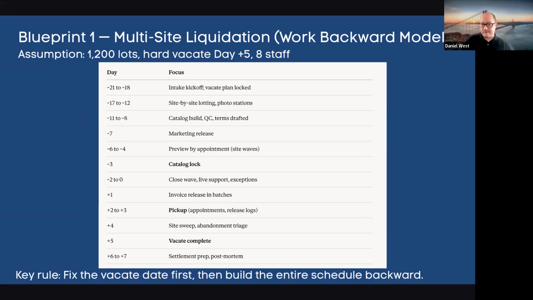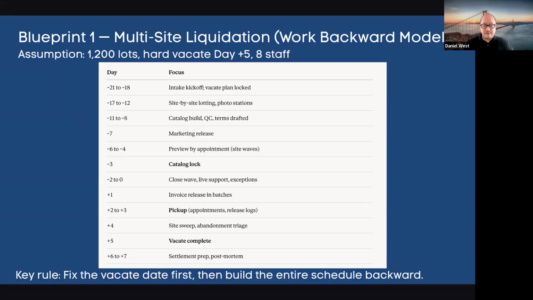We need to know when the auction itself is locked down, and when you have access to the locations. And then of course you have the lotting and tagging, what we call the cataloging process. Both taking the pictures and putting the tags on things, but also the data entry, building the catalog online and doing your quality control.